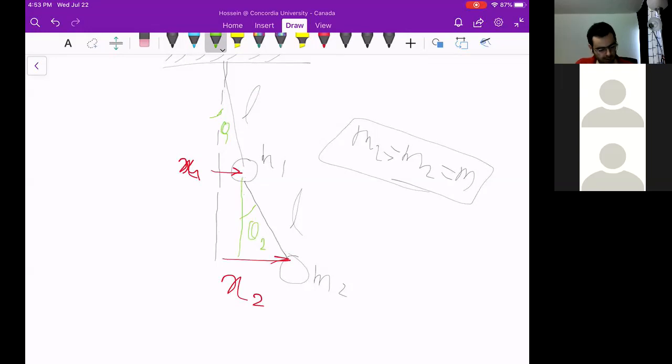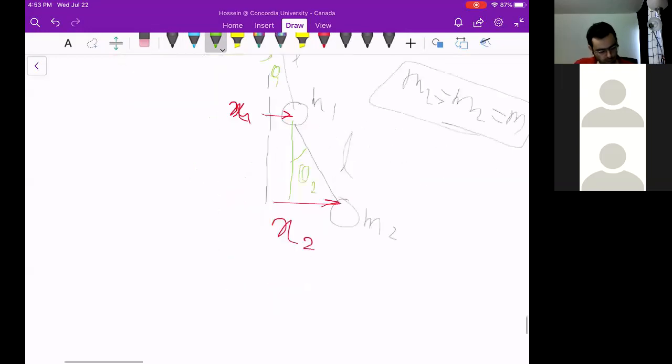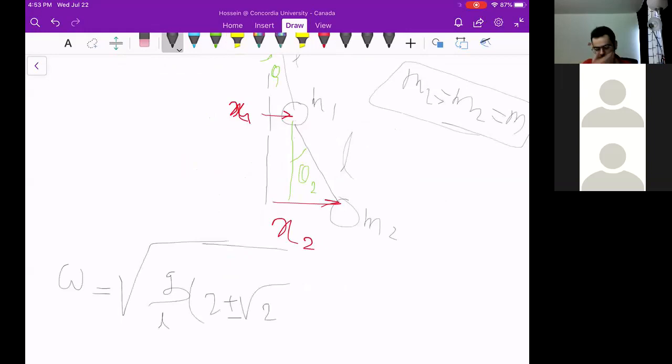We have to set up the equation of motion and show that the natural frequency would be the square root of g over L times 2 plus or minus square root of 2. And also determine the ratio of X1 over X2 for each normal mode and locate the nodes for the two modes of vibration.